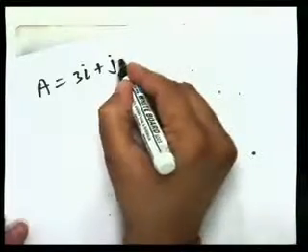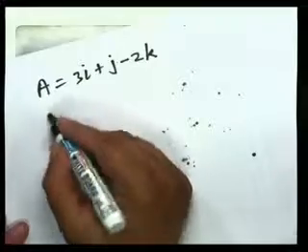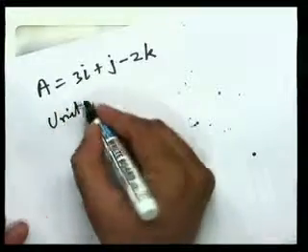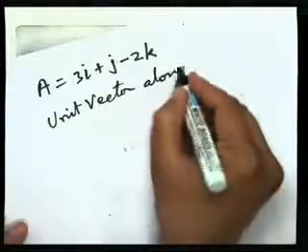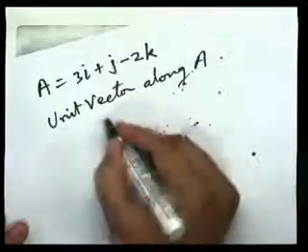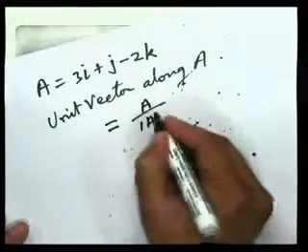j minus 2k. So the unit vector along A is equal to A upon its modulus.